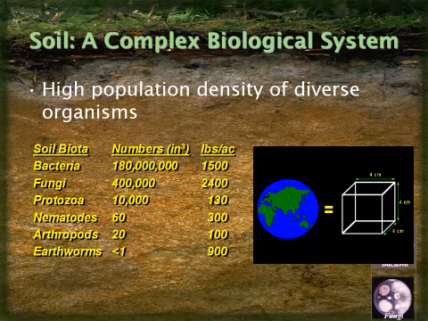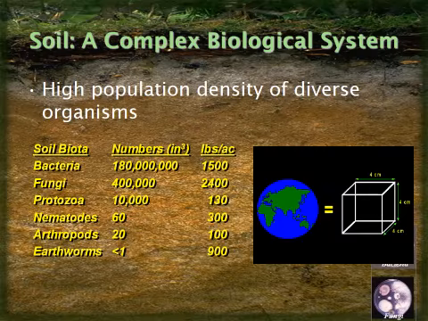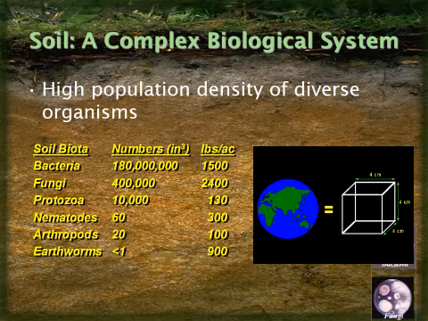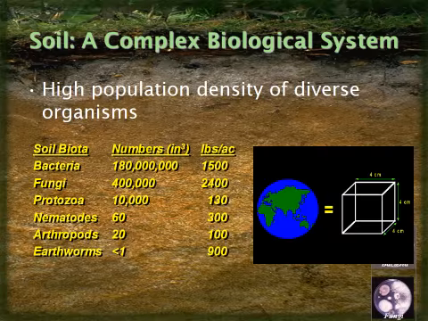But there can be up to 180 million bacteria in that 1 inch cube. Okay, fungi, not quite as many. However, the fungi are quite a bit bigger than the bacteria. And so if you look at this on a scale of pounds per acre, there tends to be a lot of fungi weight in the soil.